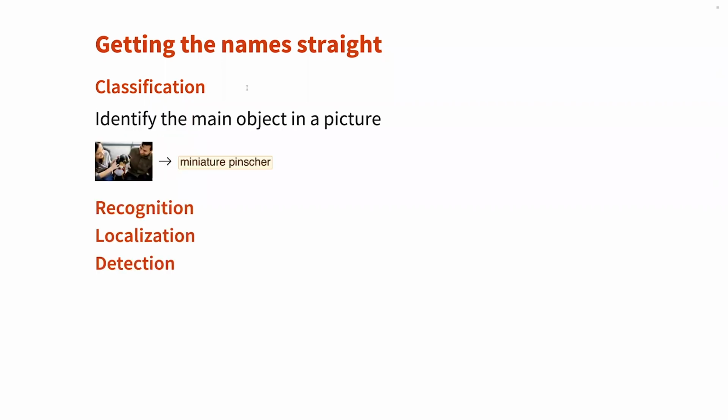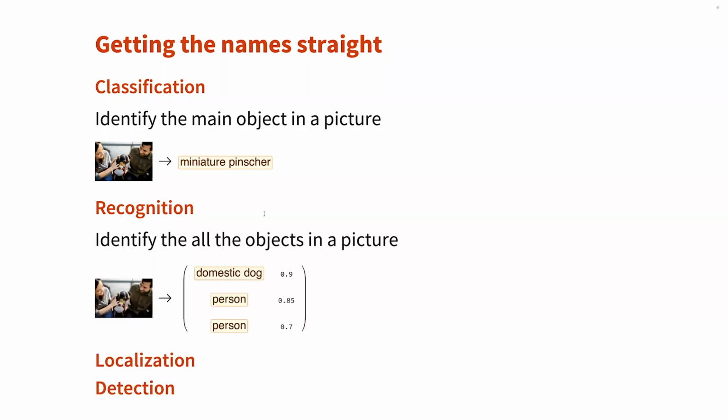Many of you might be familiar with image classification, which is basically the task of identifying the main object in a picture. It's a kind of solved problem, quote unquote, in computer vision now. Neural networks are performing very well on these. They can be very accurate and also reasonably fast.